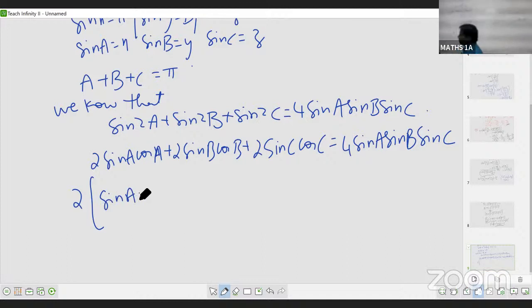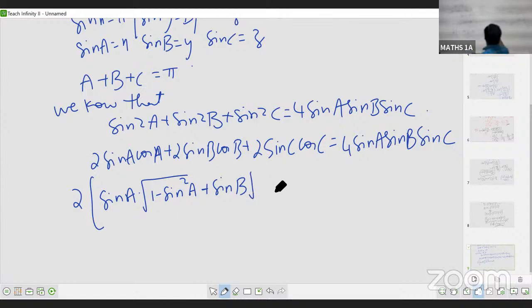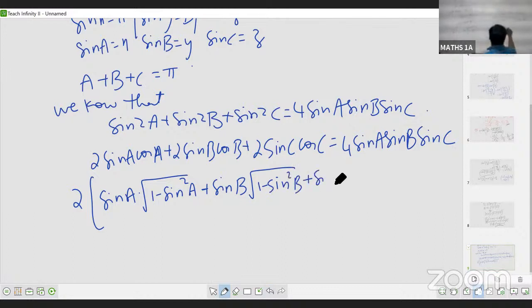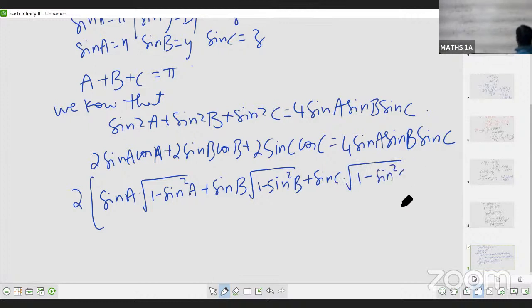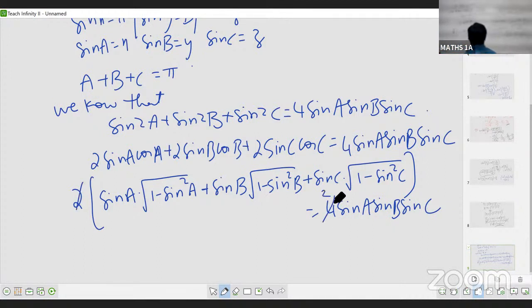Since I don't have information about cos A, I will write it as under root of 1 minus sin square A, plus sin B under root of 1 minus sin square B, plus sin C under root of 1 minus sin square C, is equal to 4 sin A sin B sin C. Now the 2 on each side gets cancelled.